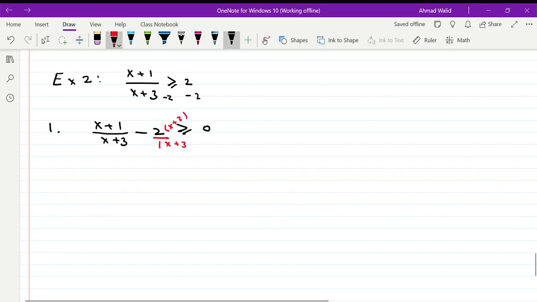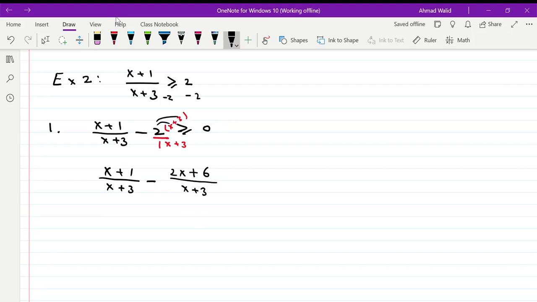And you end up with x plus 1 over x plus 3 minus, distribute the 2. 2x plus 6, let's keep this negative, 2x plus 6 over x plus 3 greater equal what?